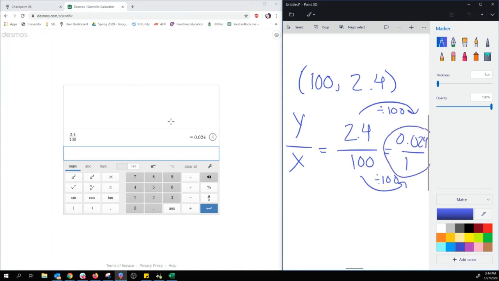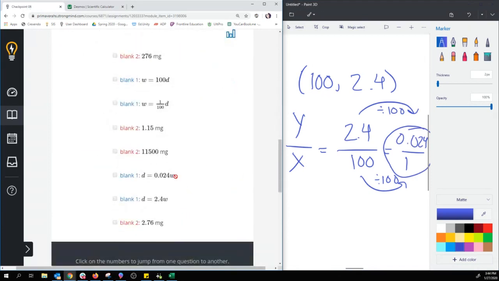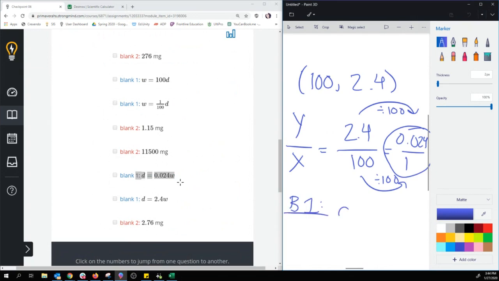So this right here is my unit rate. When I look at blank 1, I'm looking for an equation that has this decimal. So for blank 1, I should have D equals 0.024W. Perfect, exactly. Where D is the dosage and W is weight.